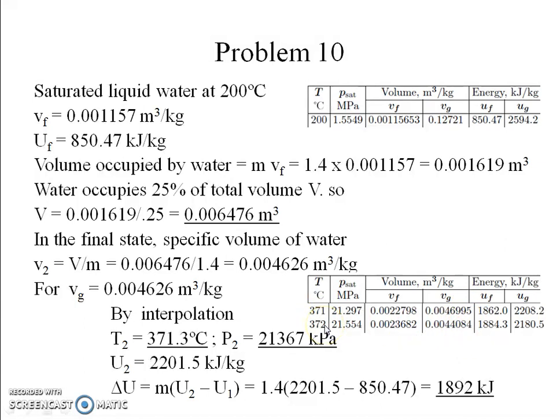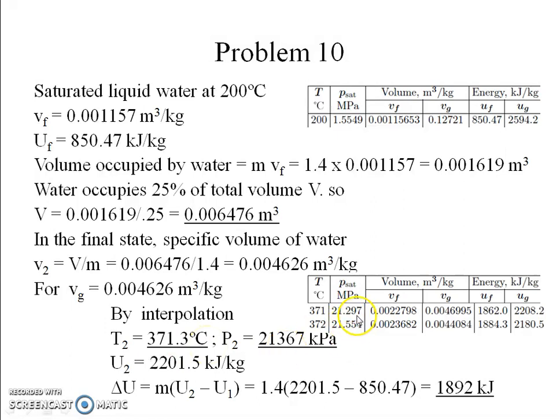In order to find the temperature of the steam in the final state, we have to interpolate between the two temperatures of 371 and 372. We do a linear interpolation between these two points, and the final temperature comes out to be 371.3 degrees centigrade.